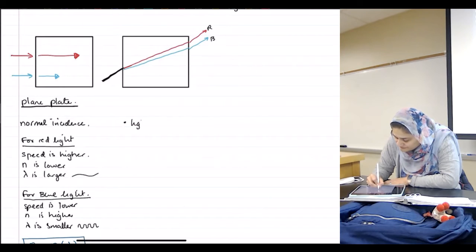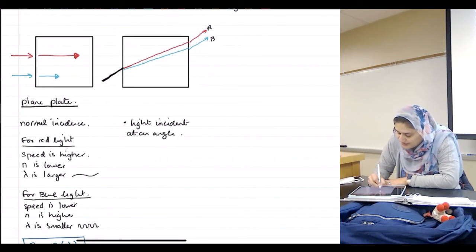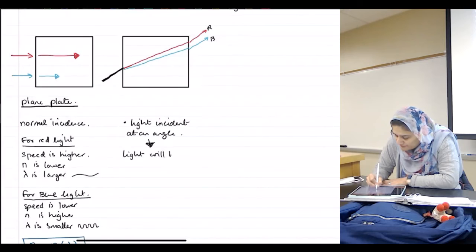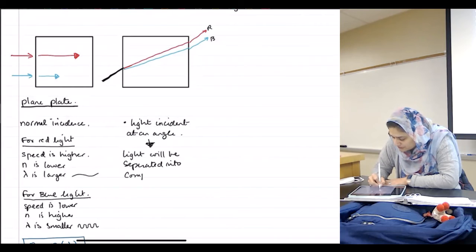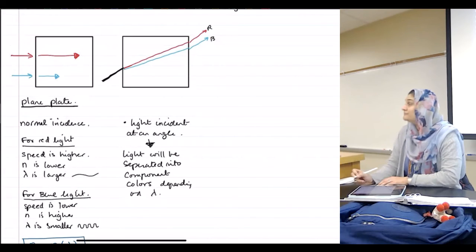Light incident at an angle: in this case, what will happen? Light will be separated into component colors, depending on lambda.